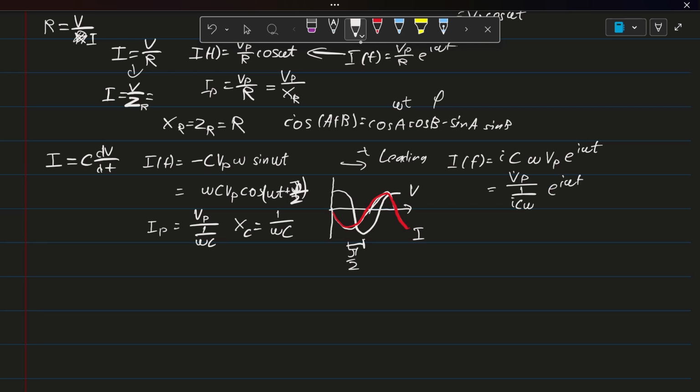Now let's try to convert this e to the power of i omega t into the sine. So i e to the power of i omega t, if you use the definition from earlier, you could get negative sine omega t plus i cosine omega t.